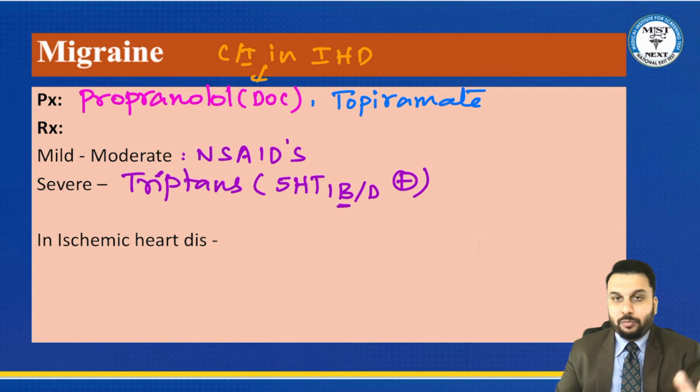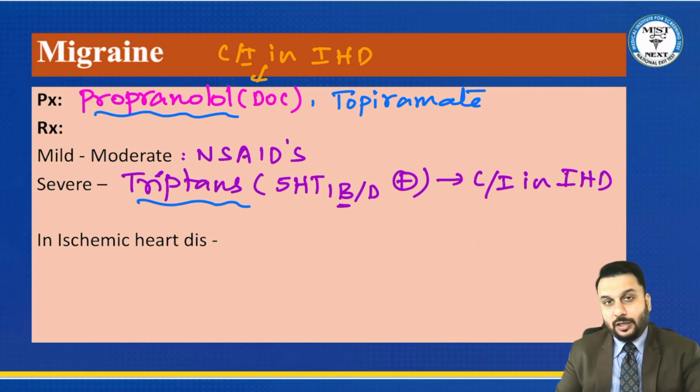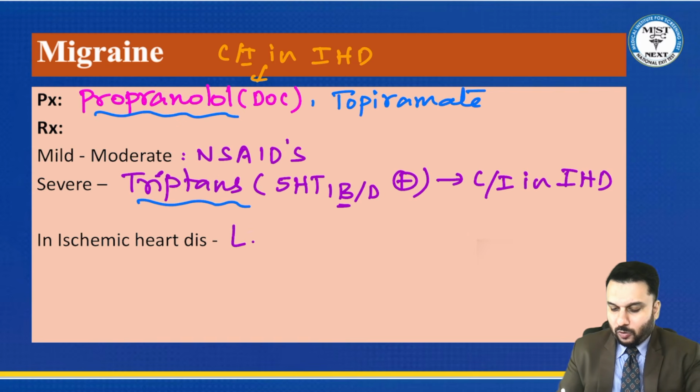But triptans cause vasoconstriction in the heart as well. So basically, they are contraindicated in IHD. So both the drugs of choice, if you notice, are contraindicated in ischemic heart disease patients. So in ischemic heart disease, the treatment will be a drug called lasmiditan.